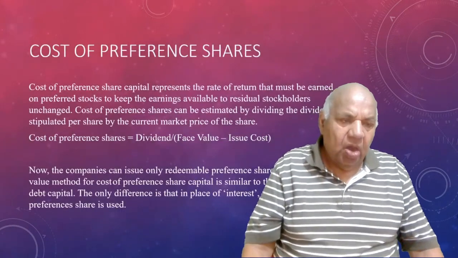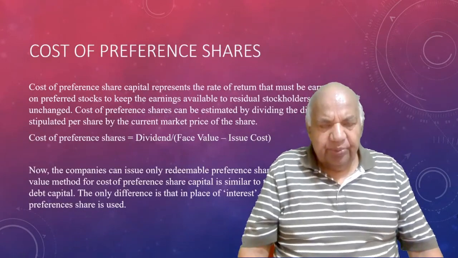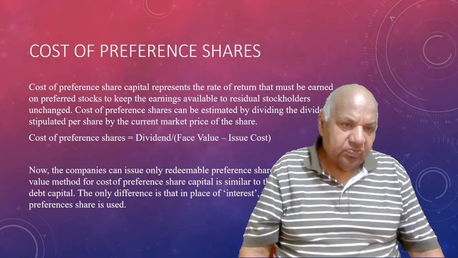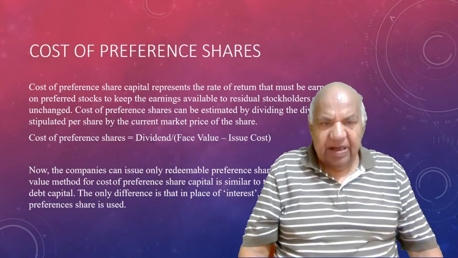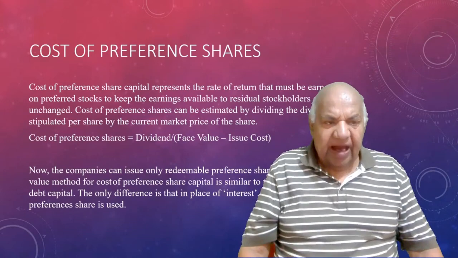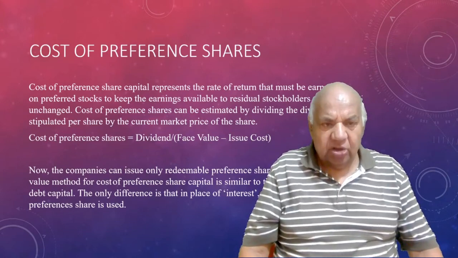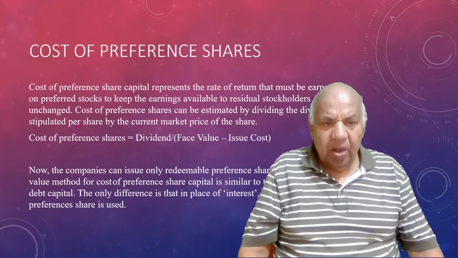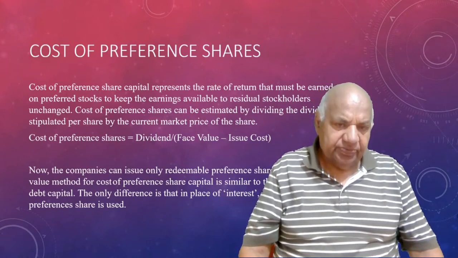Now the second component, preference shares. Cost of preference share capital represents the rate of return that must be earned on preference stock to keep the earnings available to residual stockholders unchanged.